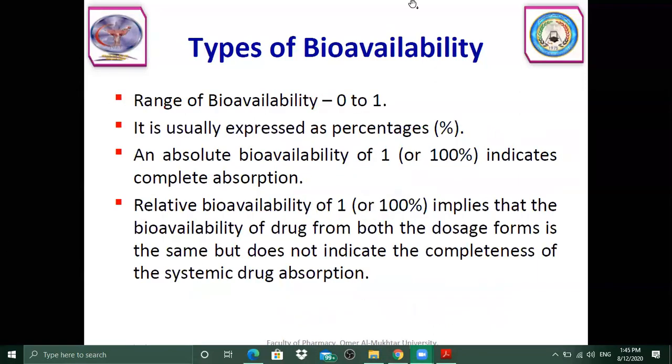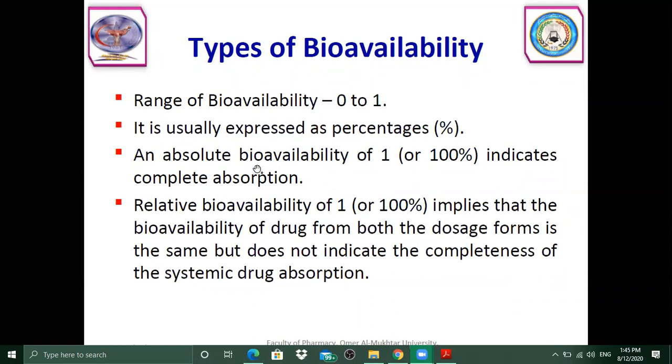Then moving on in the same topic, range of bioavailability. Generally the range of bioavailability is given from 0 to 1, and it is usually expressed as a percentage. An absolute bioavailability of 1 indicates 100% absorption, that means complete absorption.